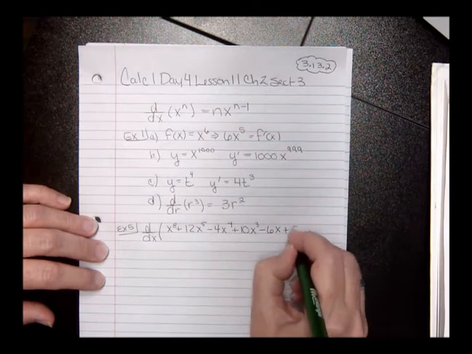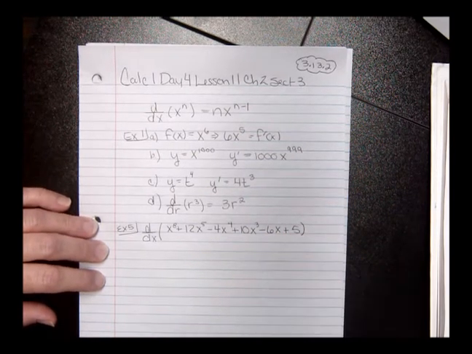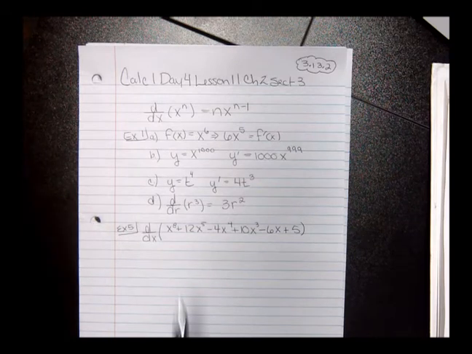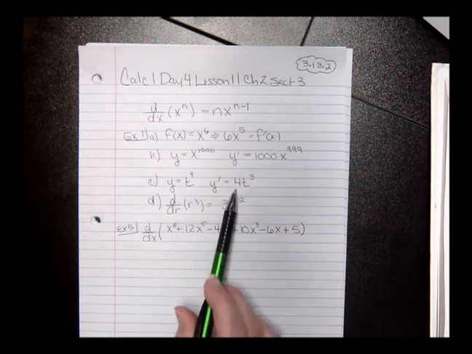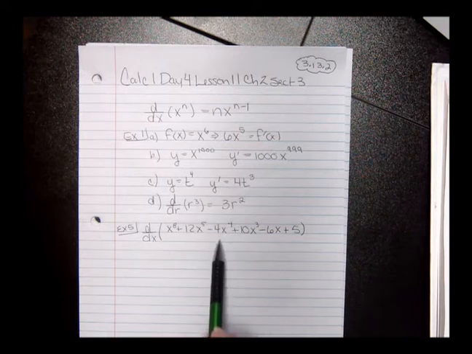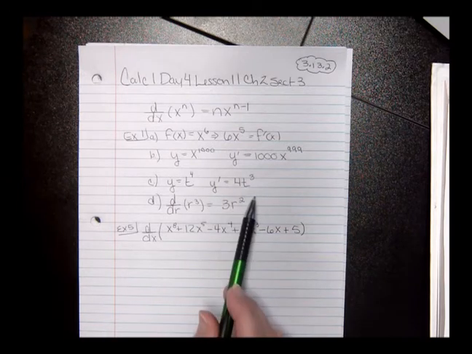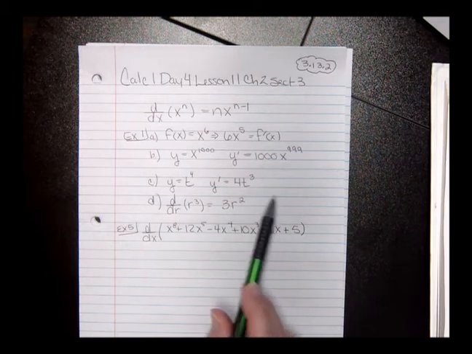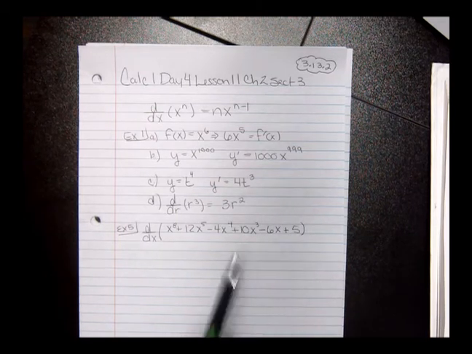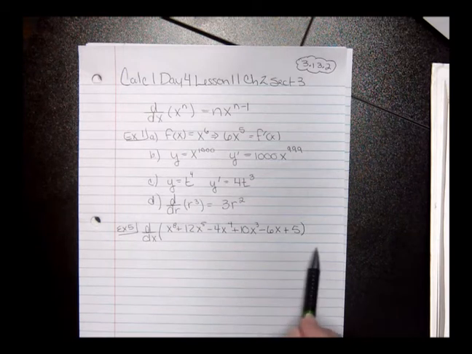plus 5. Okay, I could take each one of these and write it down and do it like this. Or I could just go across and do the whole thing.